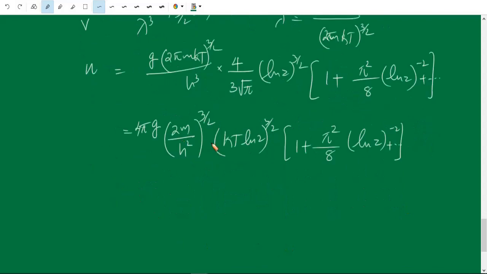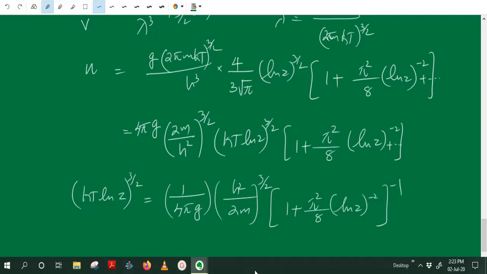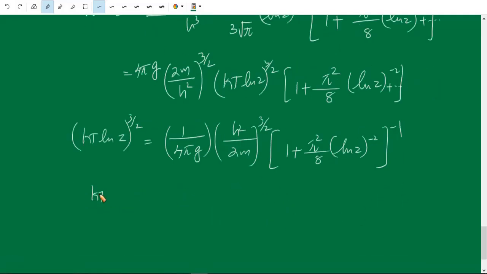Therefore we can write kT log z equal to. To the first approximation, we have neglected all the higher order terms.